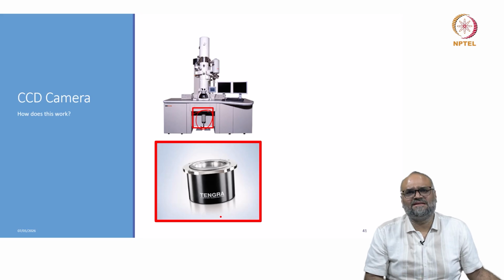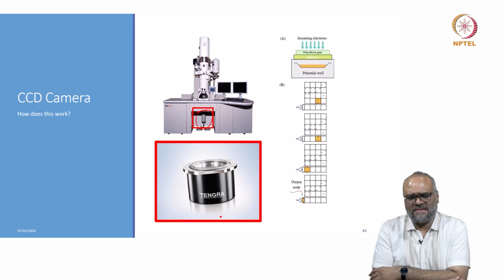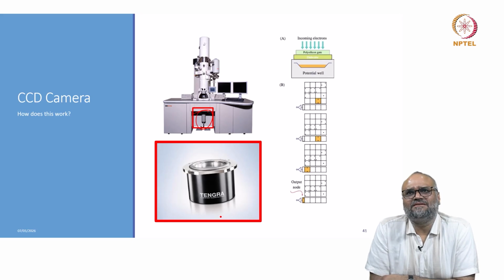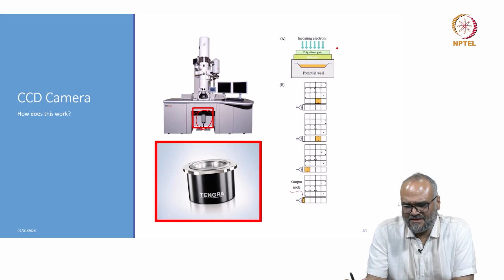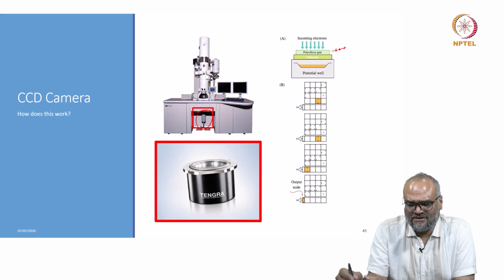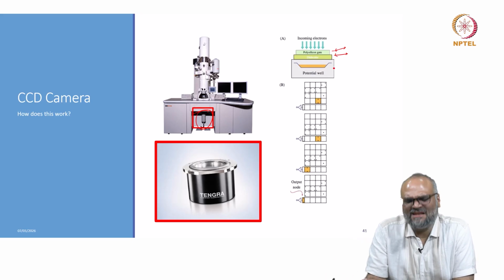And how does the CCD camera work? I have a charge coupled device. It is essentially a semiconductor. So you have a polysilicon gate. Your incoming electrons are hitting the polysilicon gate, and then you have a dielectric here, and you basically have a potential well.